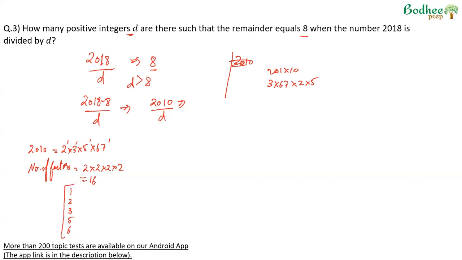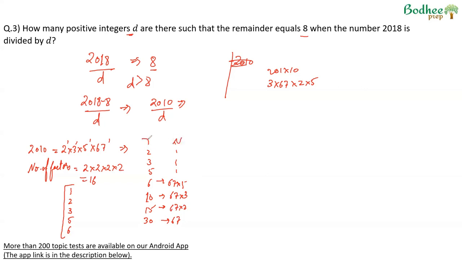These factors that we can form from here, if you're looking at the 16 factors, the factors would be something like 1, 2, 3, 5, 6, 10, 15, 30, and then correspondingly 67, 67 into 2, 5 into 67 into 3, 67 into 5, and so on. Till the last number will be the number 2010 itself.